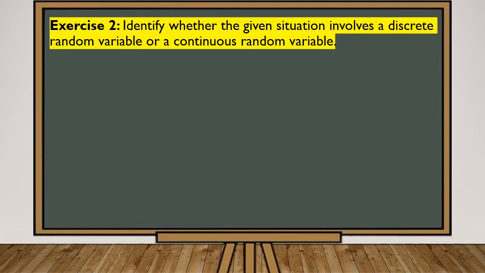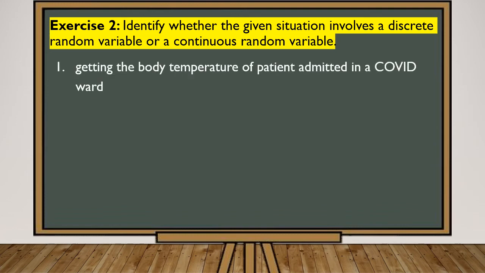Next, exercise 2. Identify whether the given situation involves a discrete random variable or a continuous random variable. So again, you are going to identify if it has a discrete or continuous random variable. Number 1, getting the body temperature of patients admitted in a COVID ward.